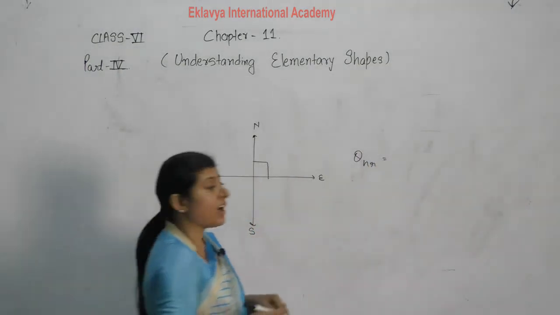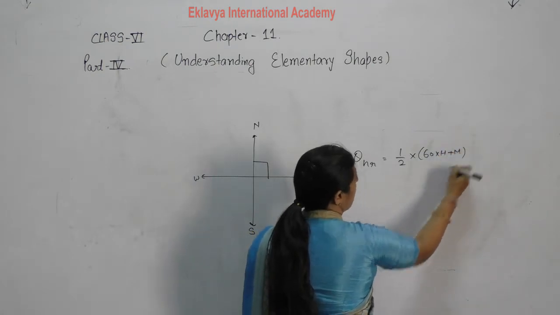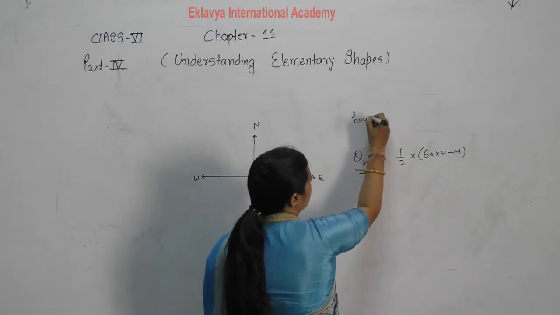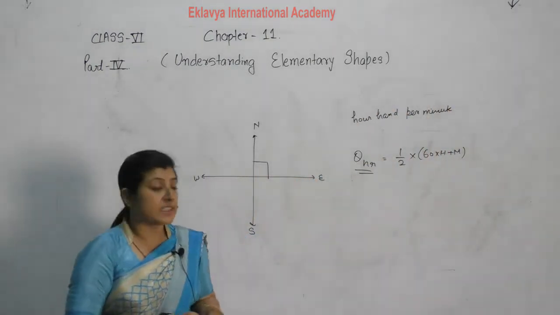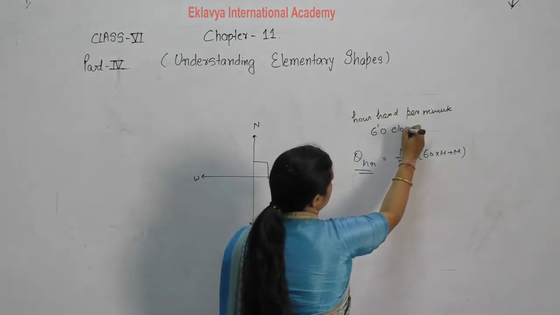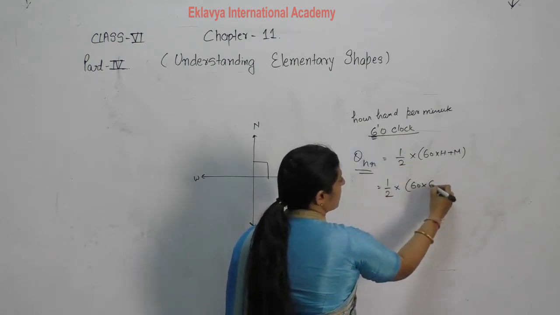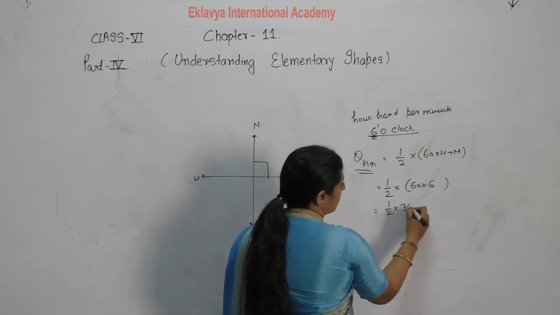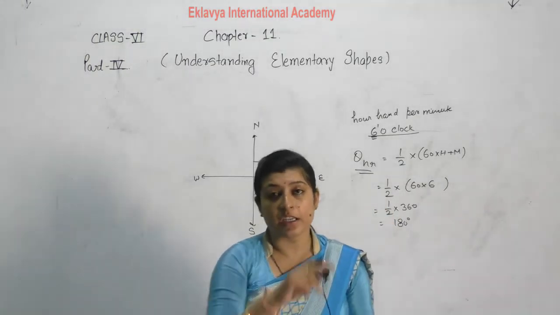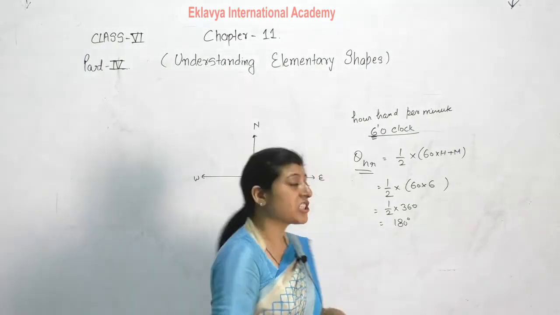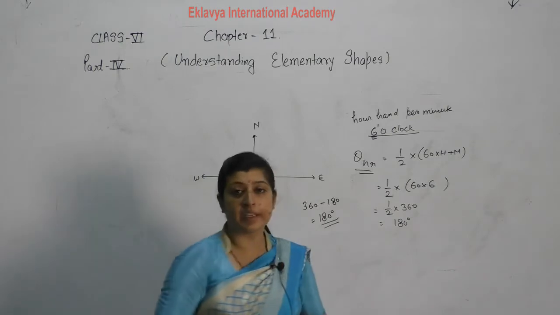We know the formula: theta is equal to half multiplied by (60h plus m), where h is hours and m is minutes. Here we want to find the angle at 6 o'clock, meaning 6 hours and minutes not given, so it becomes half into 360, that is equal to 180 degrees. So at 6 o'clock it makes an angle of 180 degrees in the clockwise direction, and the reflex angle in the anti-clockwise direction is also 180 degrees.